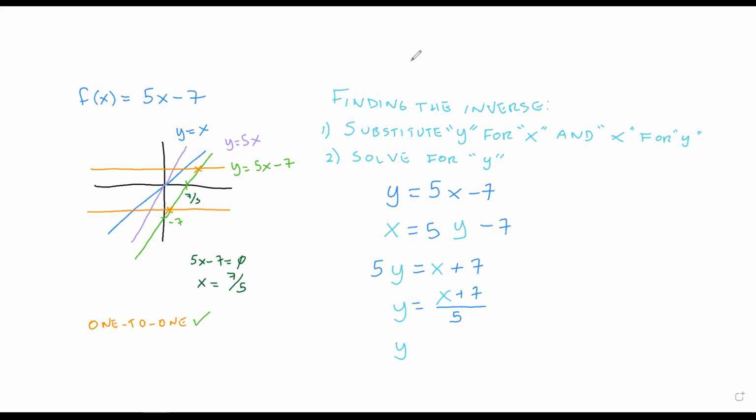Lastly, y equals x divided by 5 plus 7 divided by 5. This function that we just found here is the inverse of the original function we had at the beginning.